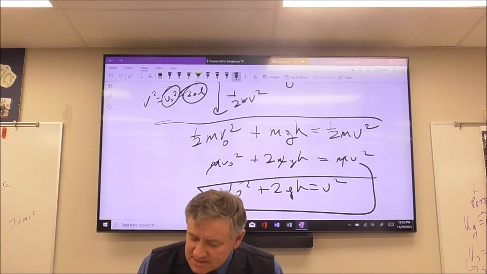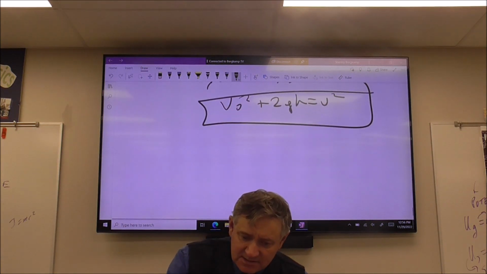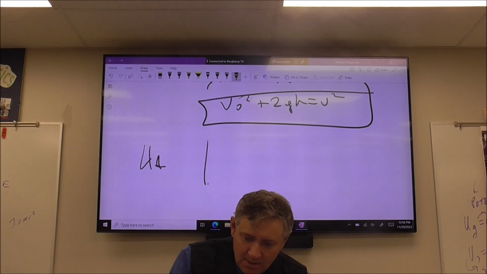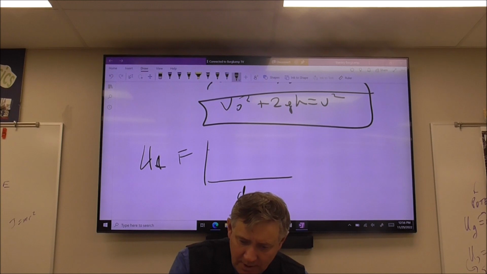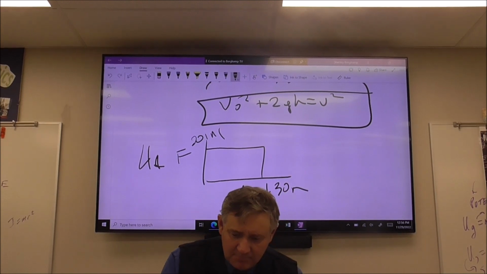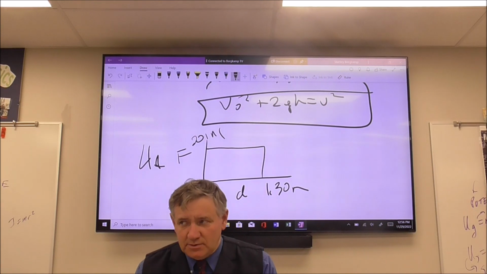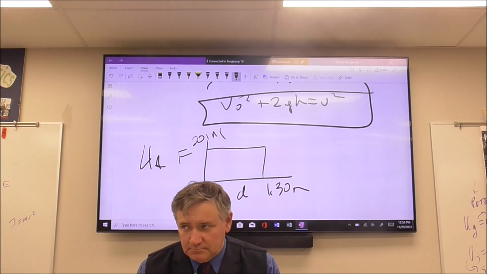So when you sketch this graph on 4A, here's what that needs to look like. You're going to exert a force of 201 newtons over a distance of 1.3 meters. Now, what is the area underneath that line going to give you? Work.